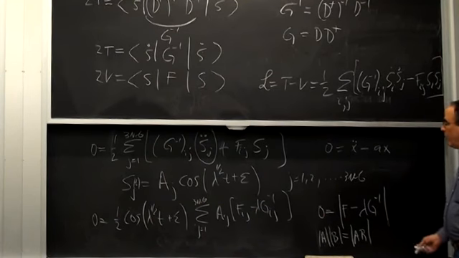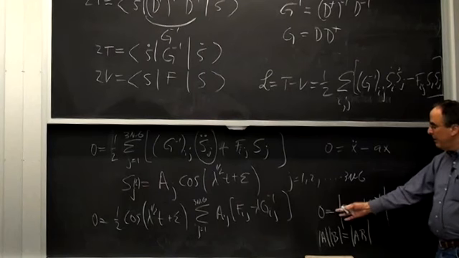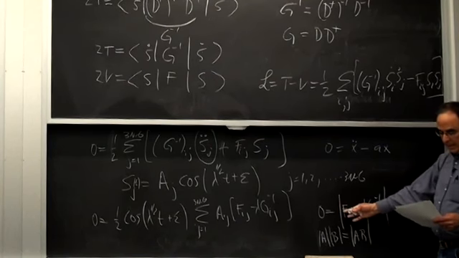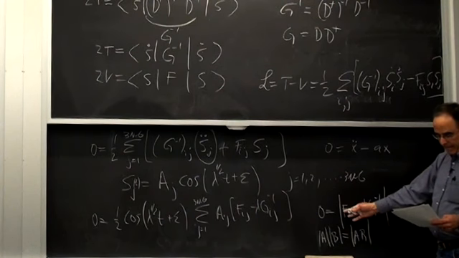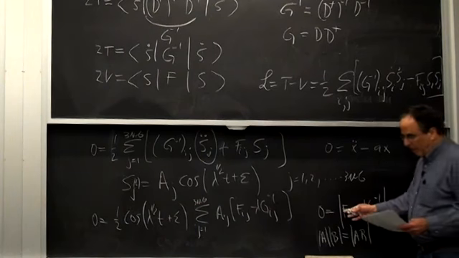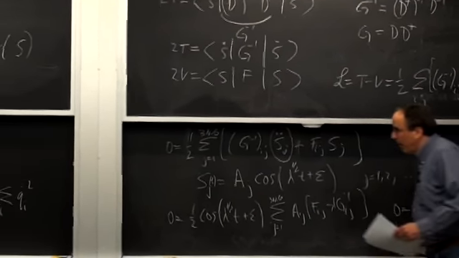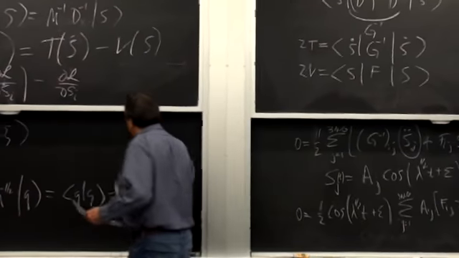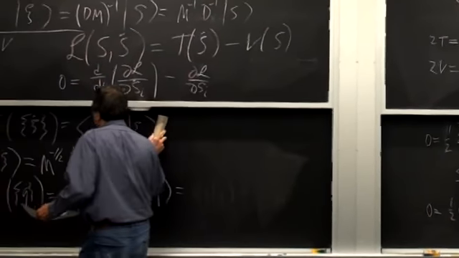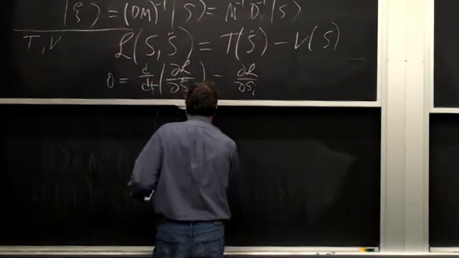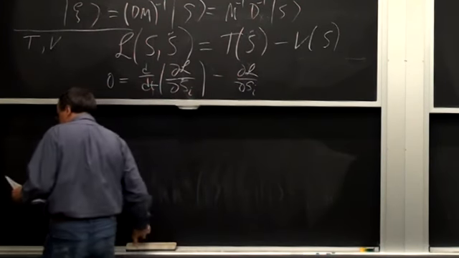And so we can multiply this secular equation on the left by the determinant of G. And when we do that, we get a new secular equation, which is the one we choose to solve.